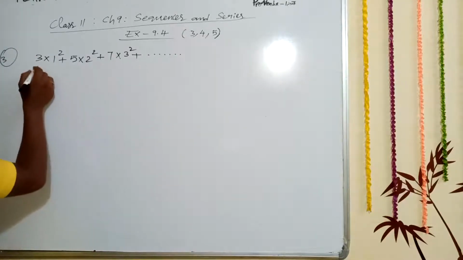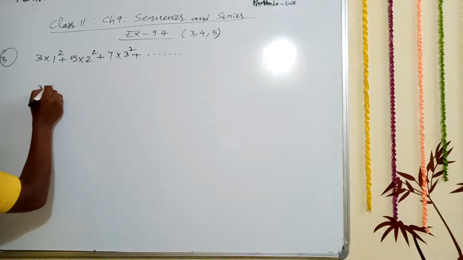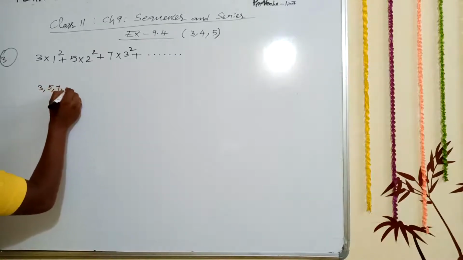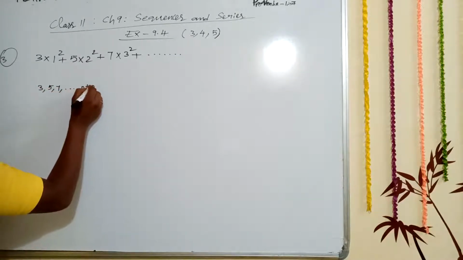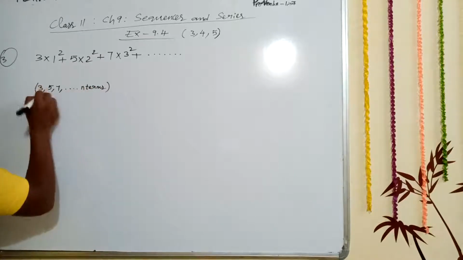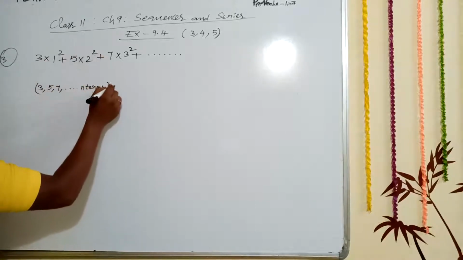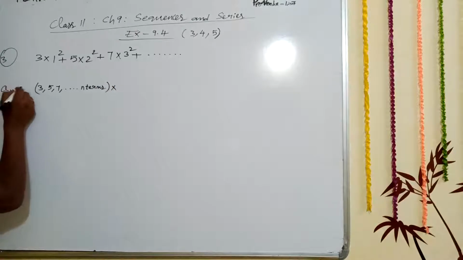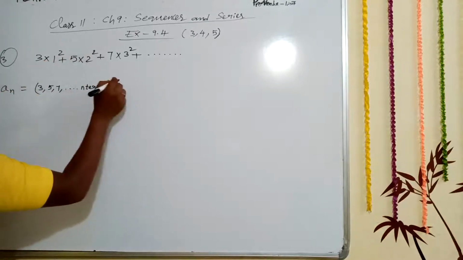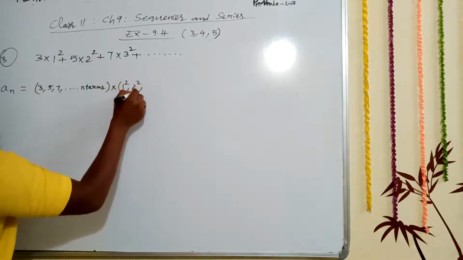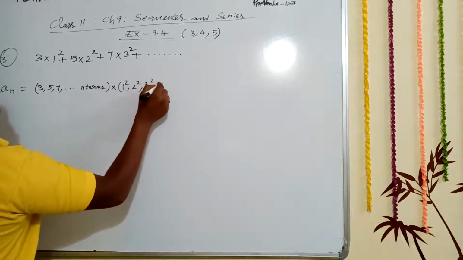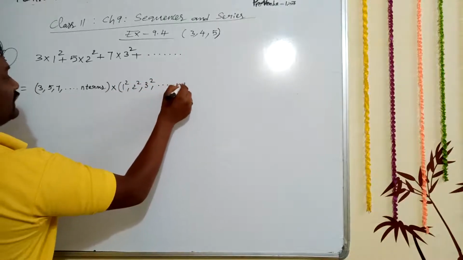So first you can write 3, 5, 7 and so on in terms, because here two terms are multiplied. The first one is an equal to, the second one is 1 square, 2 square, 3 square and so on in terms.